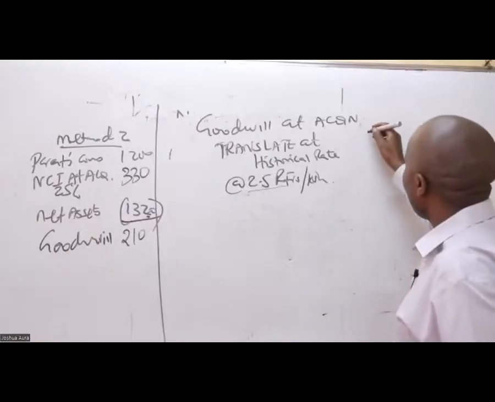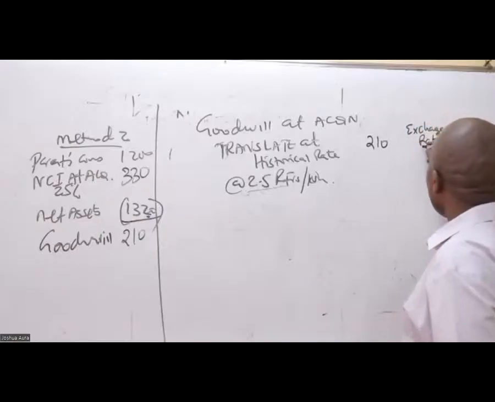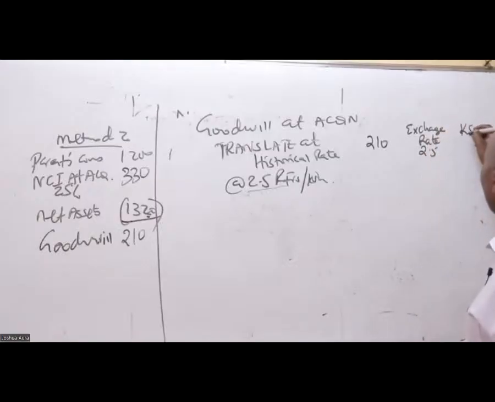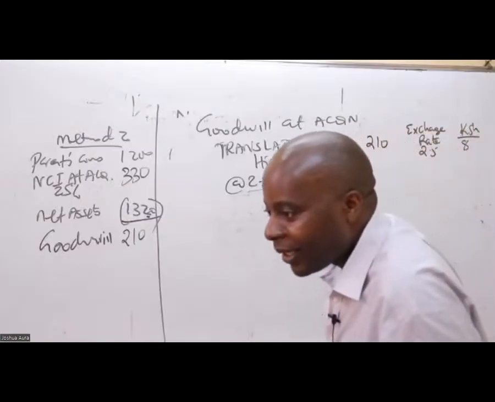So we have goodwill of 210. We have an exchange rate, which you said is 2.5, giving us in Kenya shillings 80 something. Yes, there is an impairment loss.